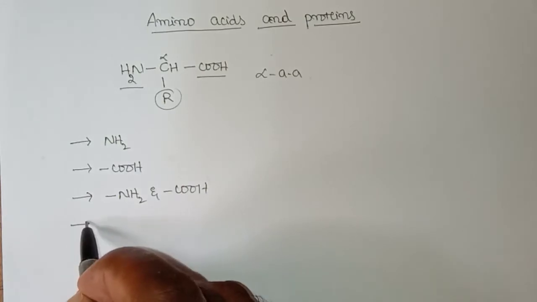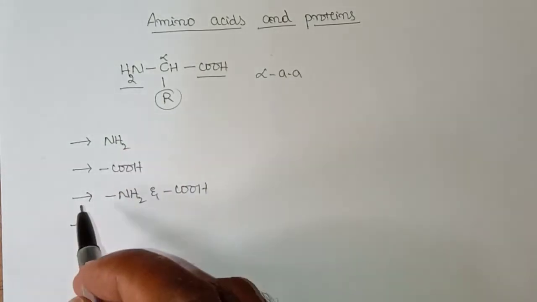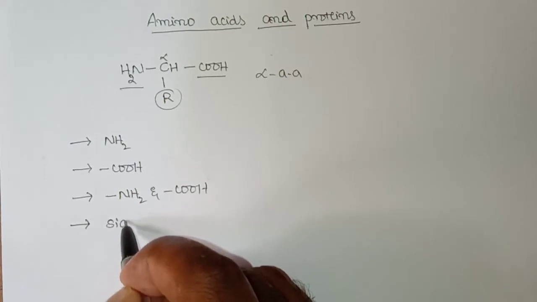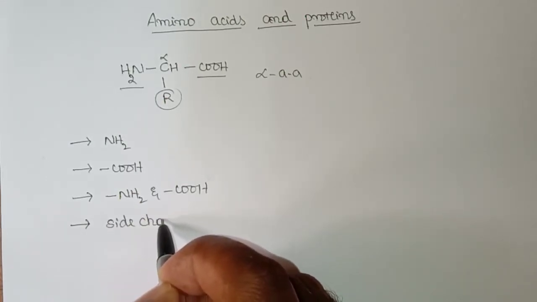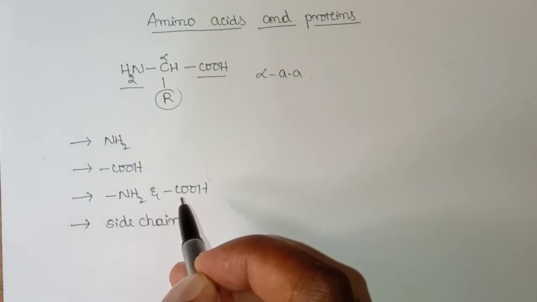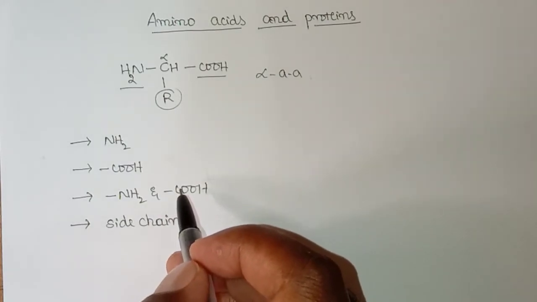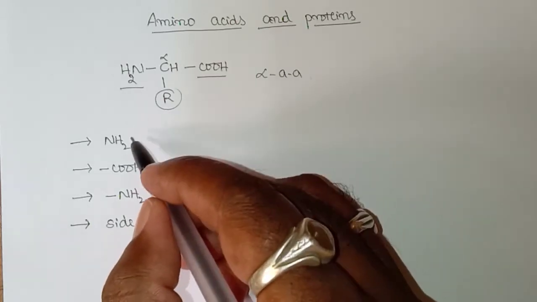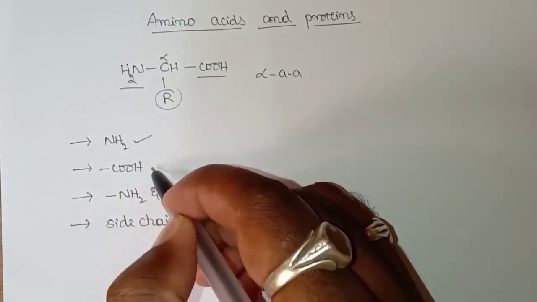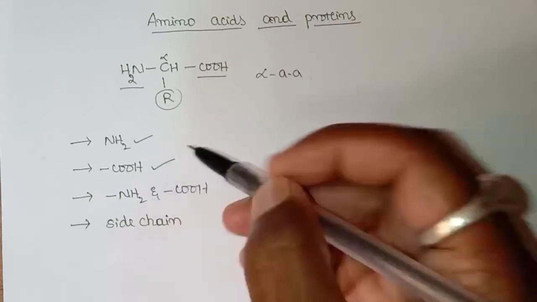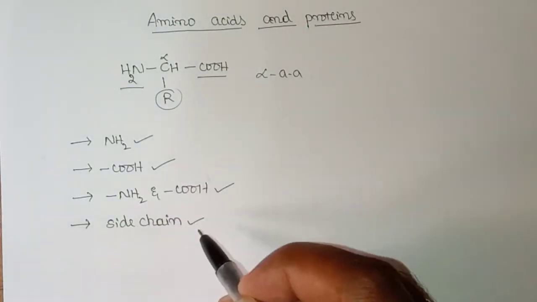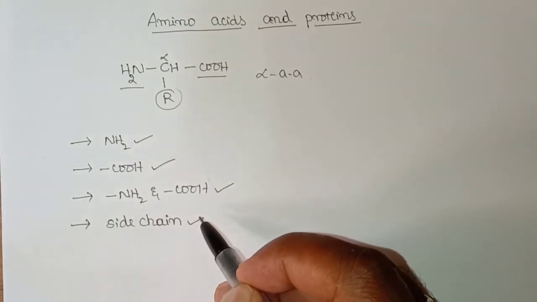And in some cases, the reactivity is due to the functional group present in the side chain. So if we want to study the chemical reactions of the amino acids, we need to focus individually on the chemical reactions of NH2, of COOH, of both, and of the functional group present in the side chain.